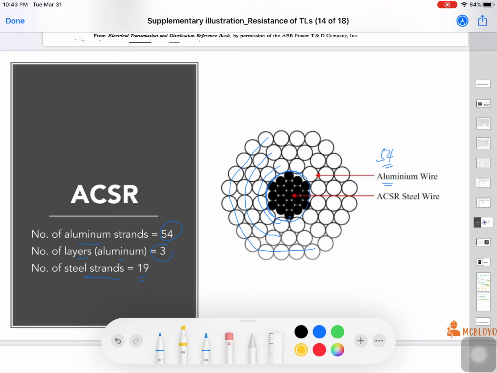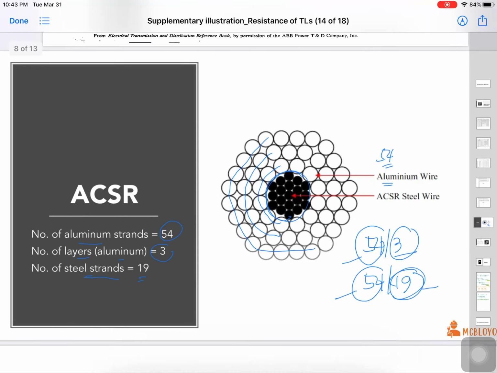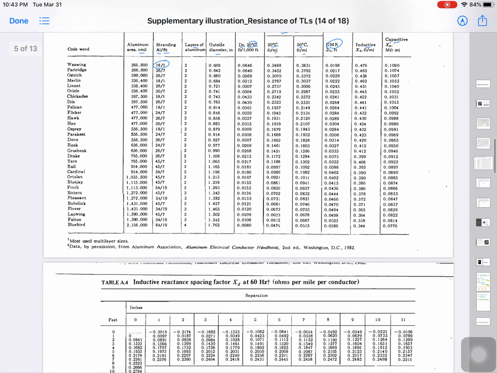Sometimes you will see 54-3 ACSR, or the other way around, 54-19 ACSR. So what that means is there are 54 strands of aluminum, 3 layers of aluminum. Or 54 aluminum, 19 steel. So would there be a chance that this is 19 layers? Or that this one is 3 steel strands? Let us go back to the table.